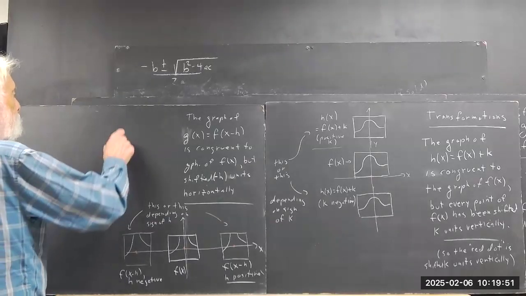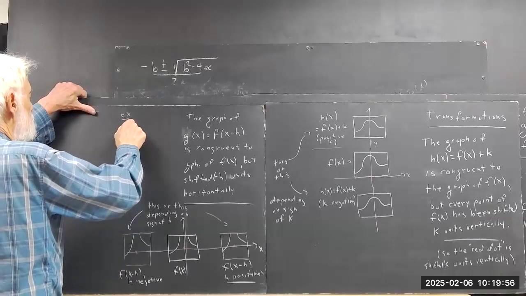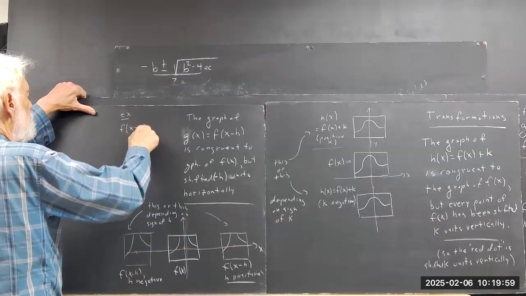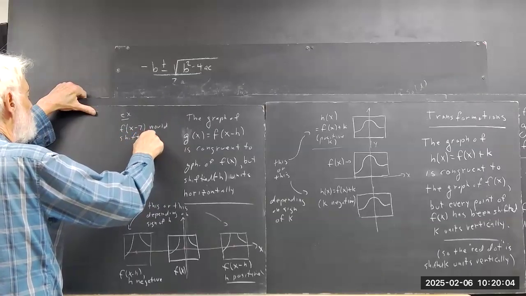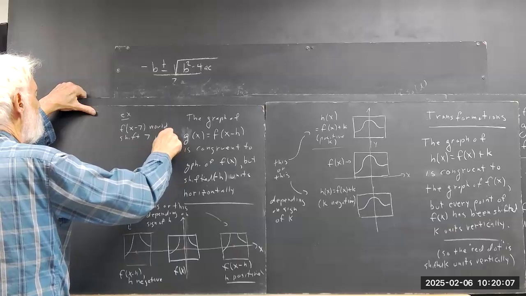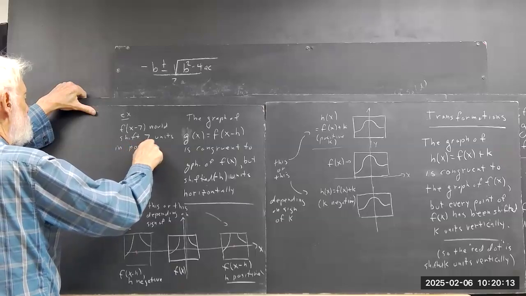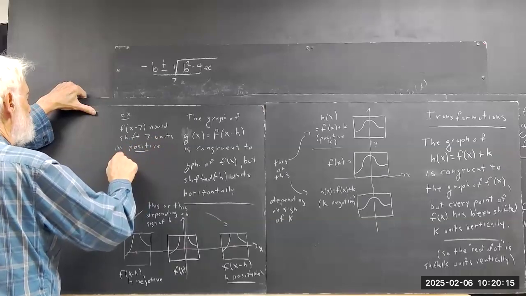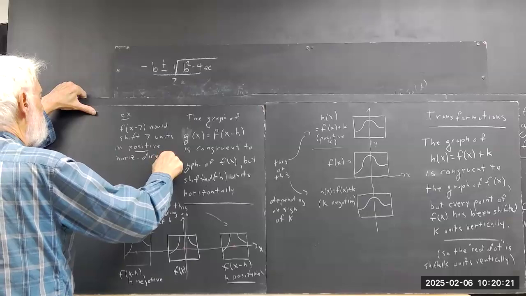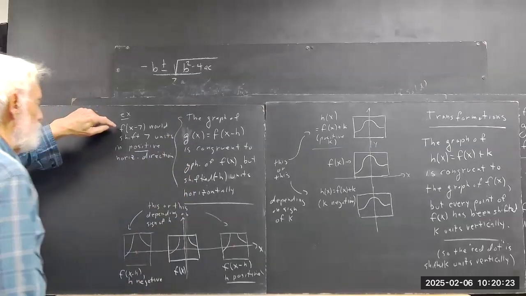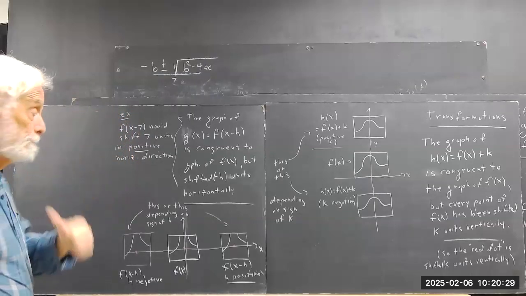So, for example, f of x minus 7 would shift 7 units in the positive horizontal direction.